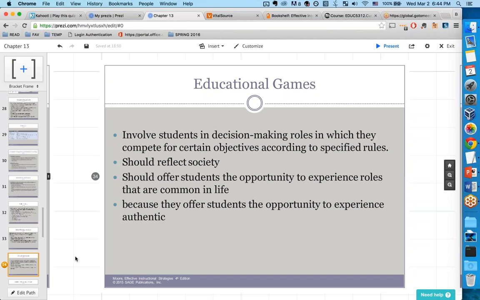So these are part of the reasons we're using educational games. They have a great place in education, but again, as always, we should be planning these educational games and evaluate their educational worth before we even present them to the students.